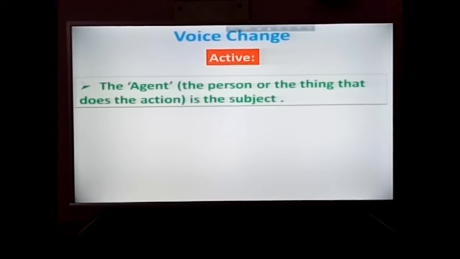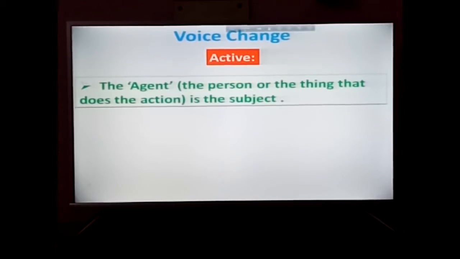Now, what is an agent? Right. An agent is the person or the thing that does the action. So the person or the thing that does the action is known as an agent, and the agent is used as the subject of an active sentence. Okay, and that is the first characteristic of an active sentence.